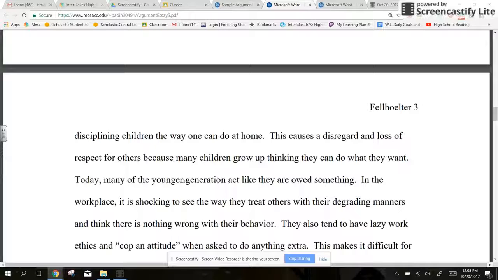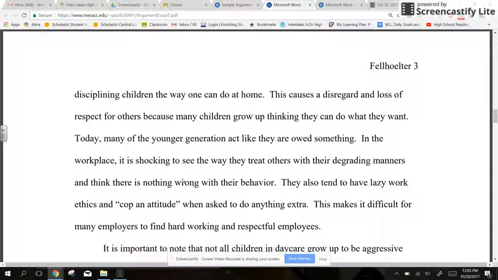Today, many younger generations act like they are owed something. In the workplace, it is shocking to see the way they treat others with their degrading manners and think there is nothing wrong with their behavior. They also tend to have a lazy work ethic and cop an attitude when asked to do anything extra. This makes it difficult for many employers to find hardworking and respectful employees.